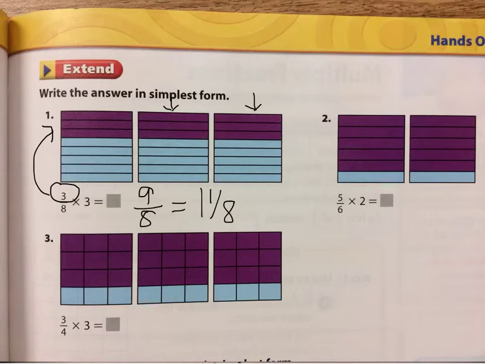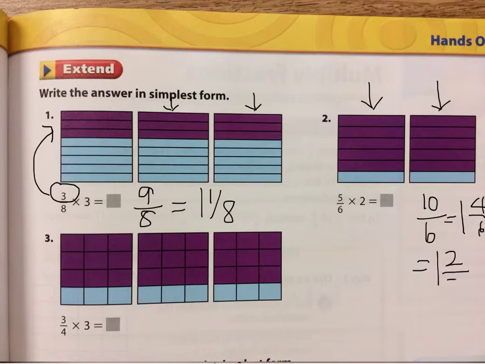So if we take 5 out of the possible 6 parts from both wholes, how many parts do we have shaded total? 10 out of our 6, which equals 1 4/6. Is that in simplest form? Which equals 1 2/3. Okay?